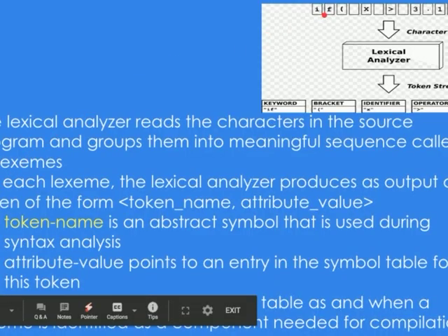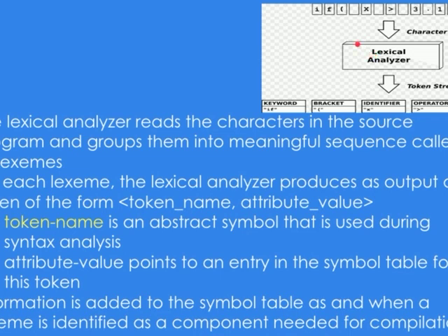The lexical analyzer gets the source code as input. For example, if x greater than 3 minus 1, a portion of an if expression. For us, it's a portion of a statement. But as far as the lexical analyzer is concerned, it is a stream of characters.